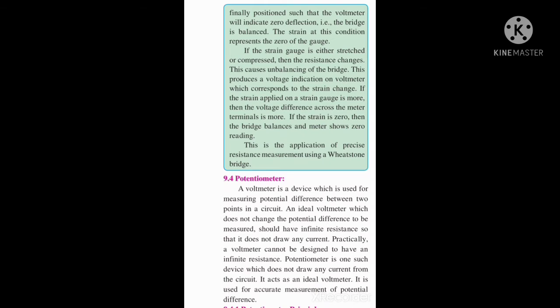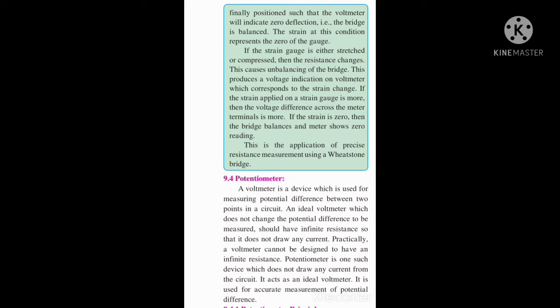Finally, it is positioned such that the voltmeter will indicate zero deflection, that is, the bridge is balanced. The strain at this condition represents the zero of the gauge.